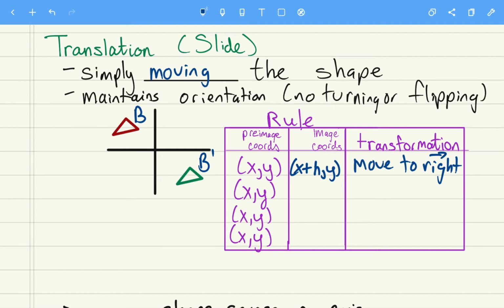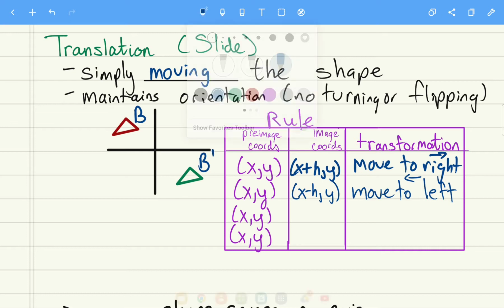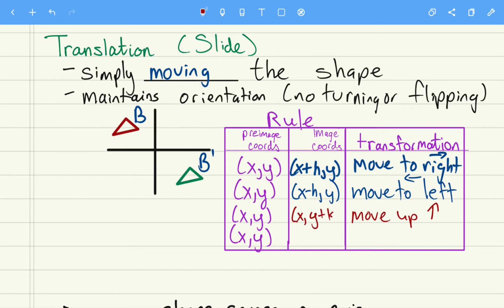So the x increases, the y stays the same. Now let's say we move to the left. We decrease our x instead of increase and keep the y the same. Now let's say we move it up. We keep our x the same, but increase our y.